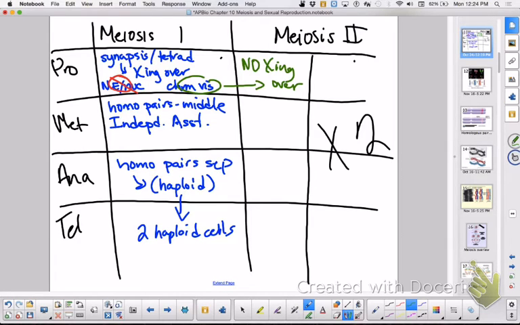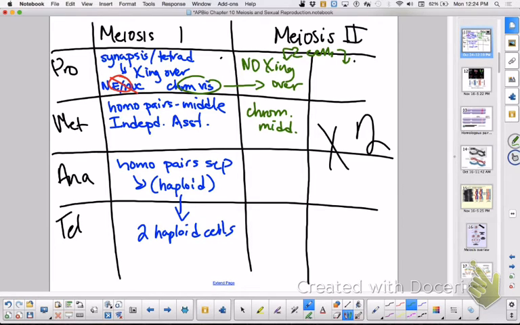Okay. What happens in metaphase 2? The chromosomes line up. Chromosomes are in the middle. Can you have independent assortment at this time? No. Independent assortment is referring to when you form that tetrad, your chiasmata, where things can cross over. You don't have your homologous pair. You're single file in the middle, right?